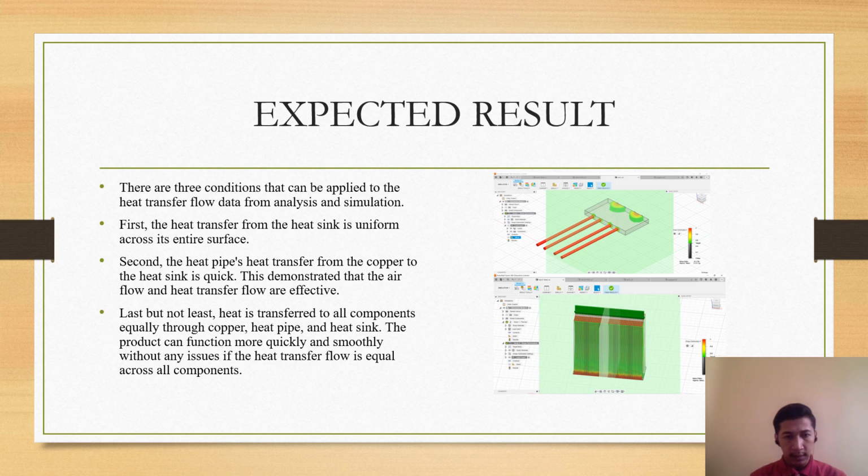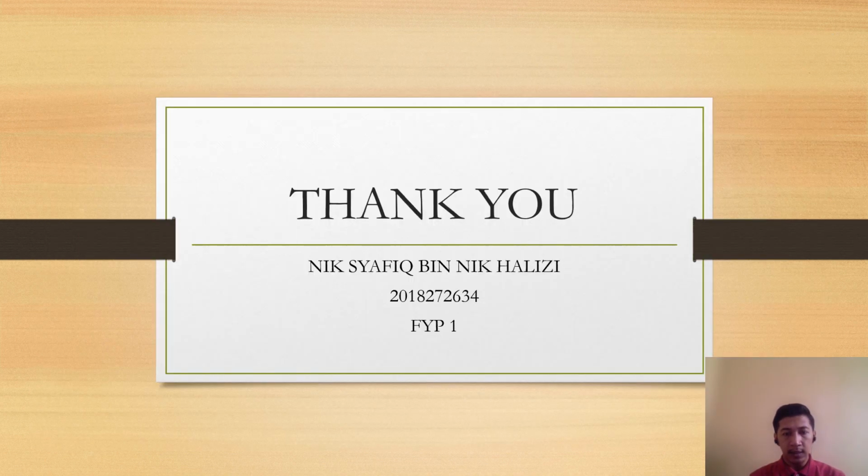This demonstrates that the airflow and heat transfer flow are effective. The last one is heat is transferred to all components equally through the copper heat pipe and heat sink. The product can function more quickly and smoothly without any issue if the heat transfer flow is equal across all the components. Okay, that's all for me.